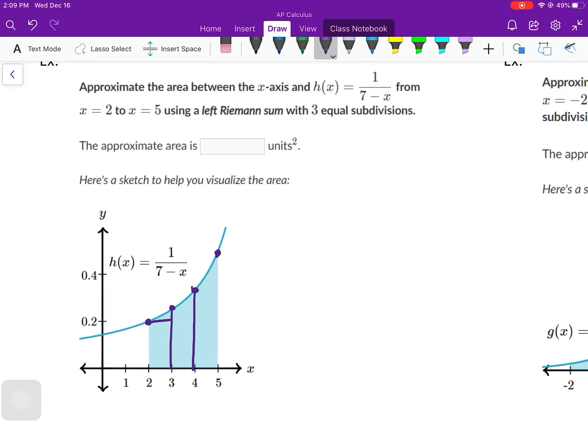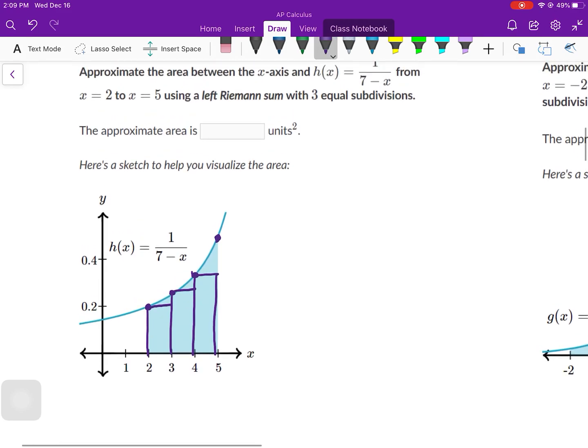We're not going to use this right point here. And so there's our 3 rectangles. Don't really like my shading in there, so we'll keep that there.